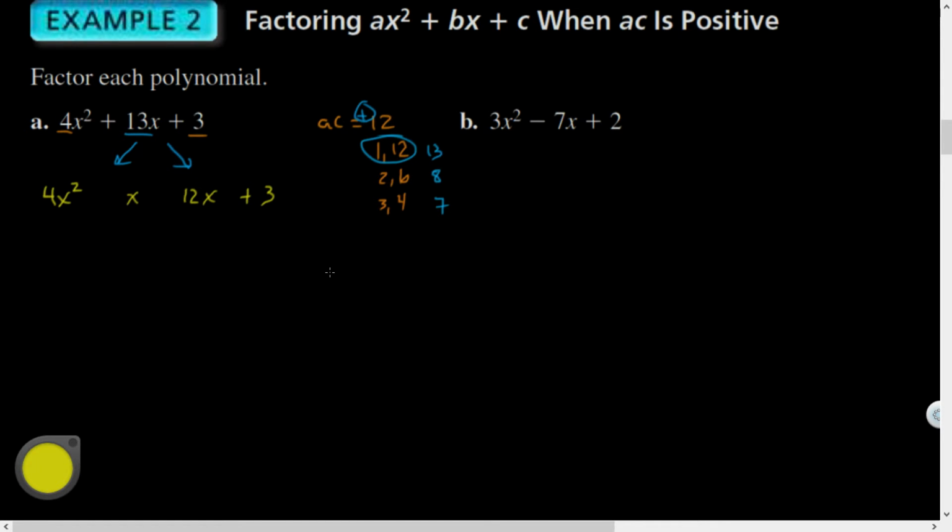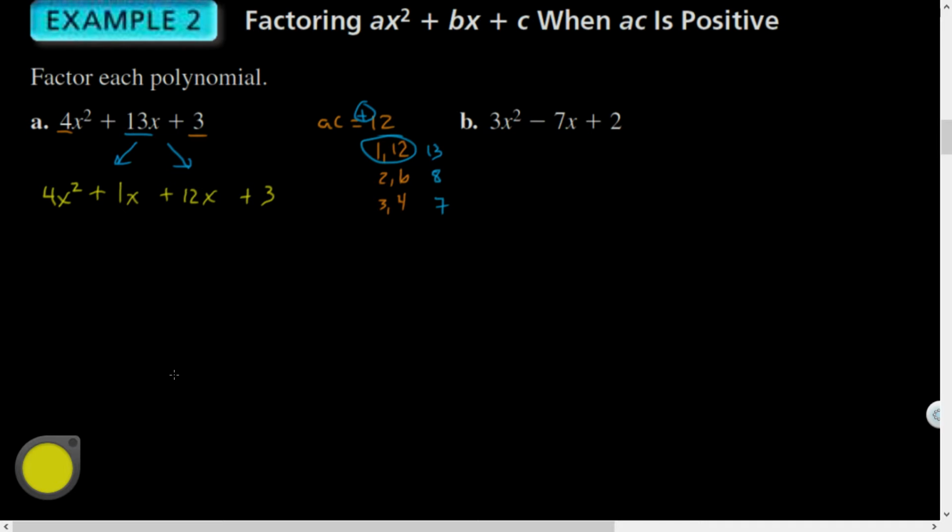As far as their signs, the 1 and the 12 have to multiply to be positive, so they're either plus, plus, or minus, minus. And they have to add to be a positive 13. So in this case, they're plus and plus.